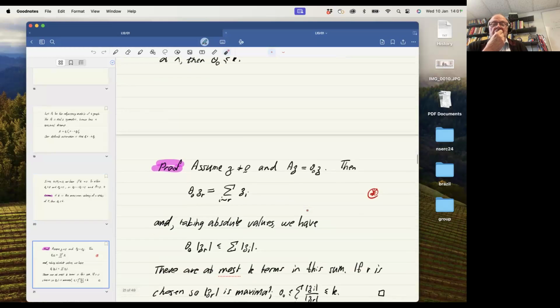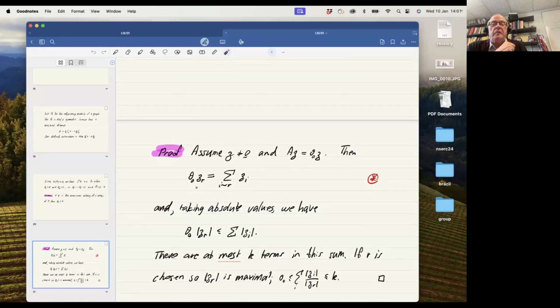Now, this equation can be written in the following form: if I pick an index r, theta 0 times z_r is the sum of the z_i, where i runs over the neighbors of r. So the idea is we've got a function on the graph which takes value z_r on the r-th vertex, and if you apply A to that function, you get a function whose value on r is the sum of the original function's values on the neighbors of r.